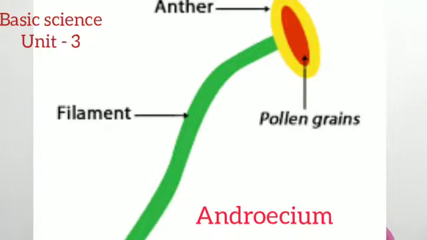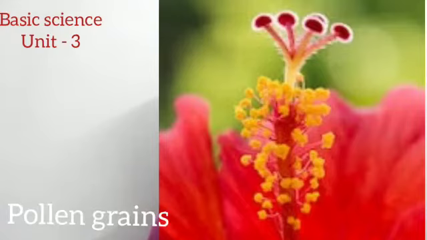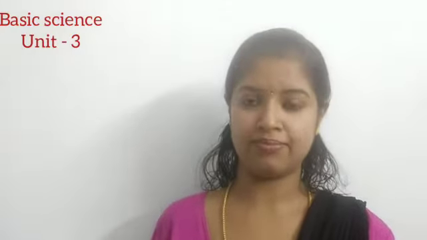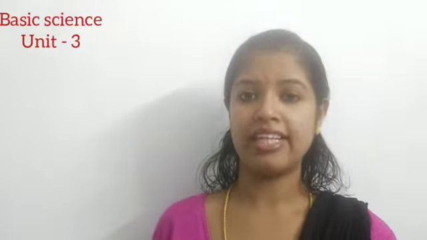And inside the anther, there are yellow grains called pollen grains. Hope all might have seen when you take the shoe flower, you can see the yellow grains, right? Yes, so that is called pollen grains. It helps in pollination.